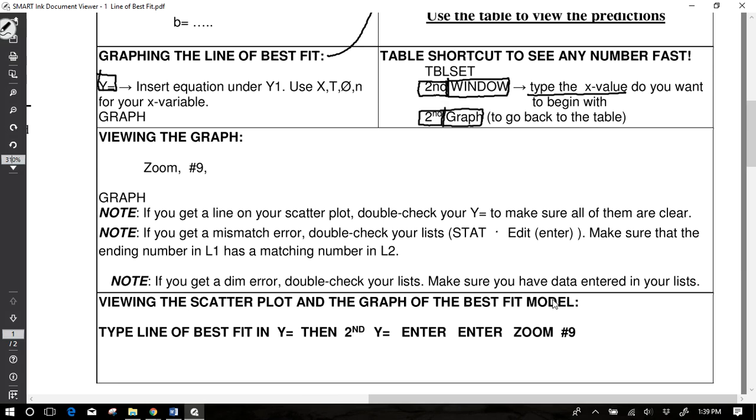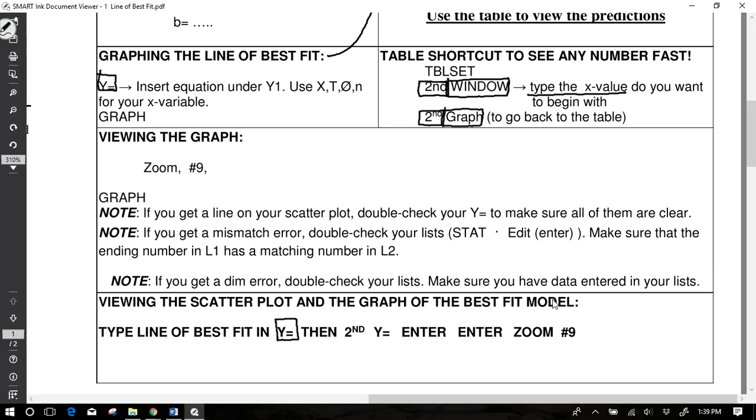And then finally, sometimes we want to view the scatter plot and the line of best fit at the same time. And we're going to do this in our next lesson when we find residuals. So I'm giving you that information here. We would need to type the line of best fit into y equals.